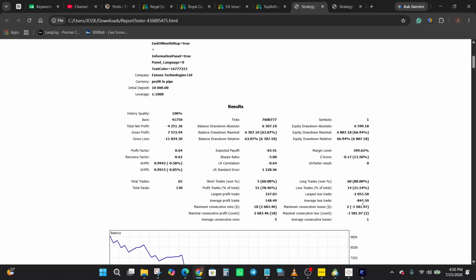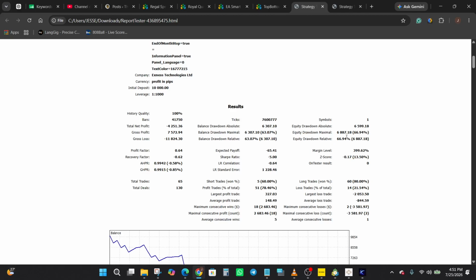Because the historical testing setup used a very tight take profit relative to its stop loss, a few large losses outweighed a long sequence of small wins, including one single loss of over $2,050. Now, this dynamic led to a maximal equity drawdown of 66.94%.